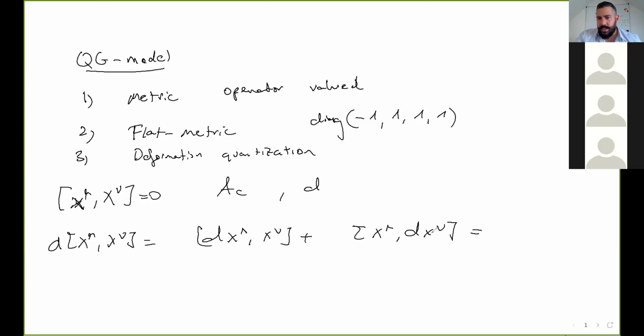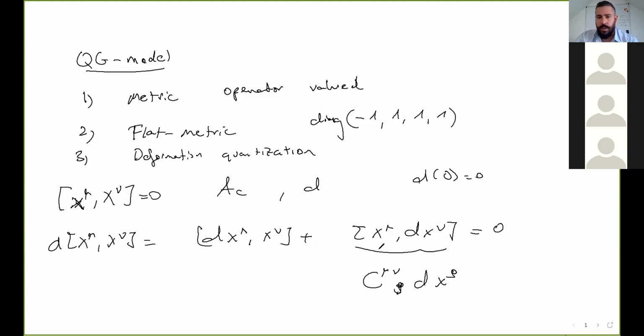This has to be 0 as well, since the d of 0 is equal to 0. Now, one solution of that is that dx mu x nu is equal to 0, or another solution, the more interesting one, is that it is equal to c mu nu rho dx rho, where c mu nu rho are some matrices for fixed rho that are symmetric in mu and nu.